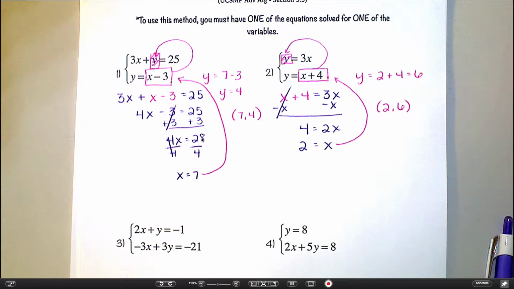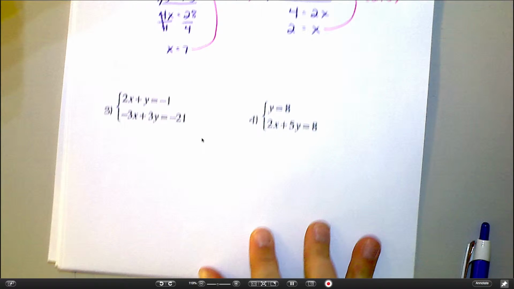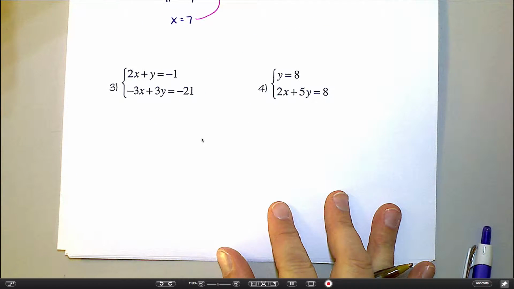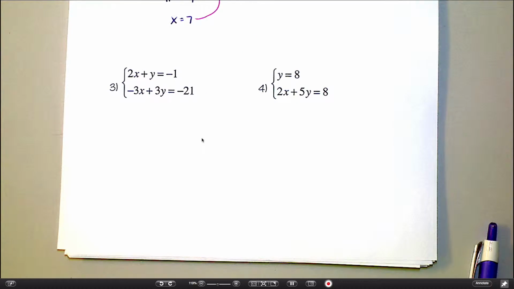Okay, take a minute if you haven't yet and write down 3 and 4, and we'll start those in just a minute. And think about what's different about number 3.